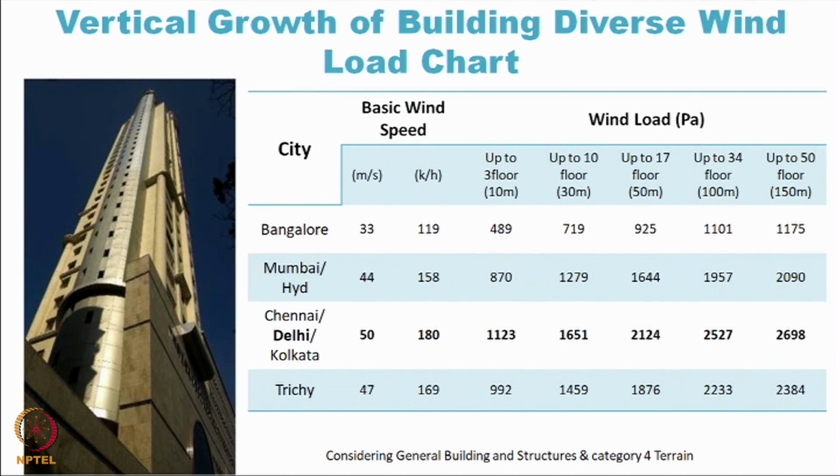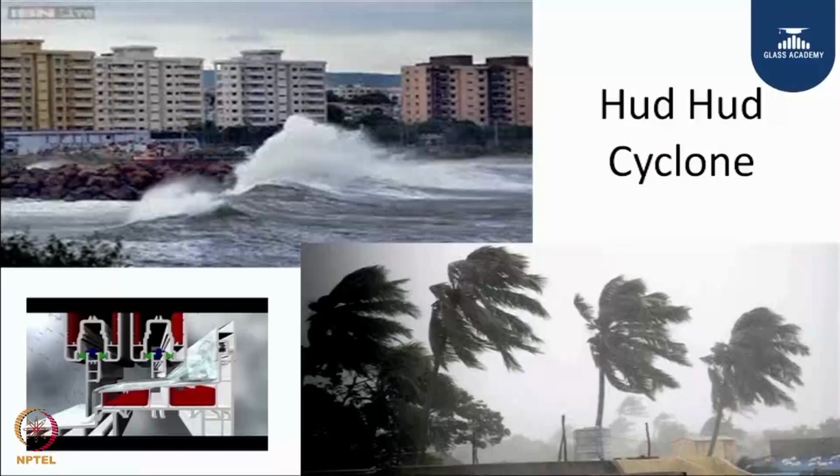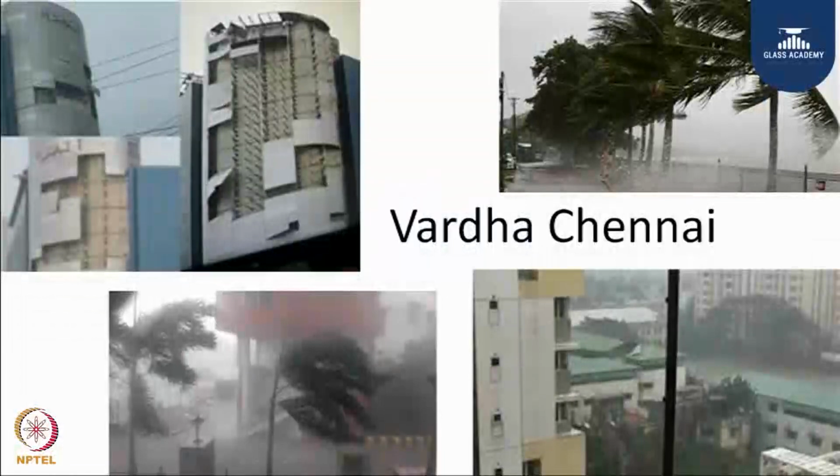But this is the first parameter we need to understand: all windows we design need to pass the wind load. These are some of the examples I would like to show you. For example, we had the Hudhud cyclone and the Vardah cyclone. You could have seen some of the viral videos where facades were dismantled by the high wind speeds and were flying in the air.